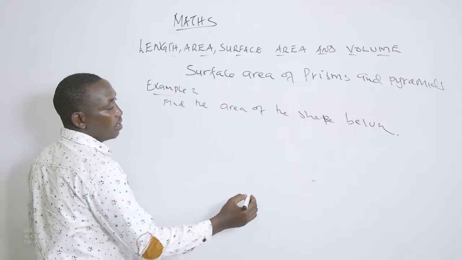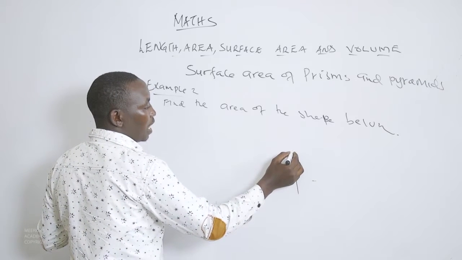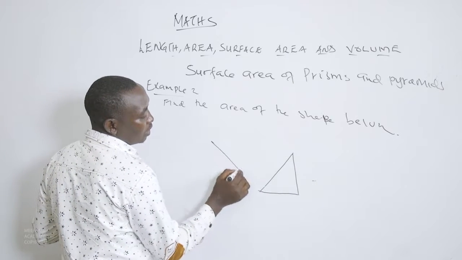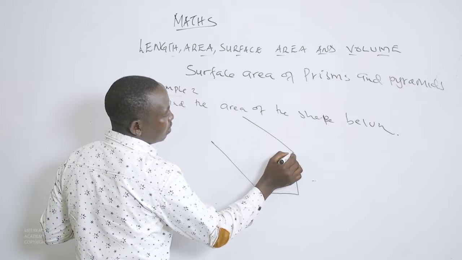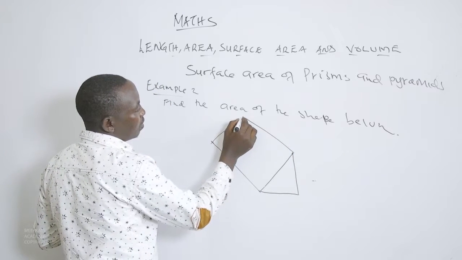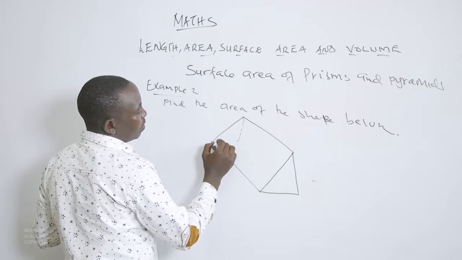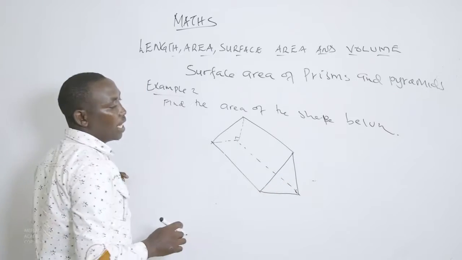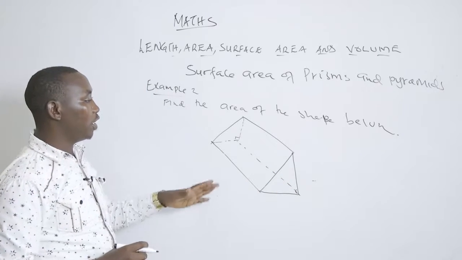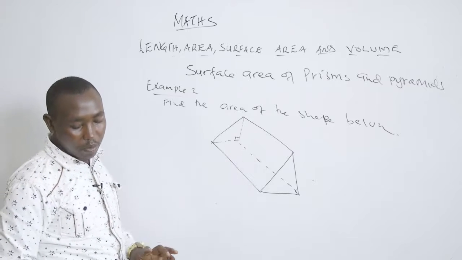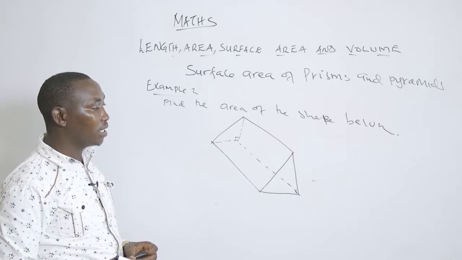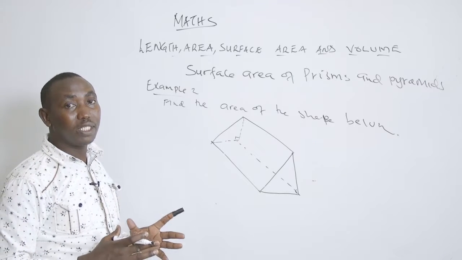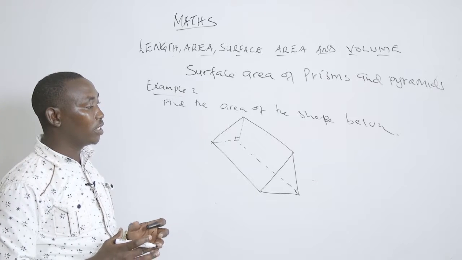We have this side being a right angle triangle, giving rise to that particular shape. So in this particular shape, we have to redraw it into its net so that we know what figures or shapes we are dealing with.